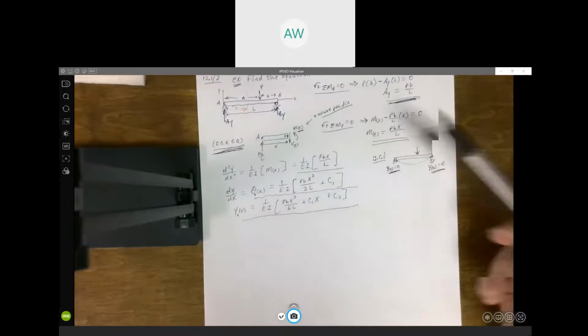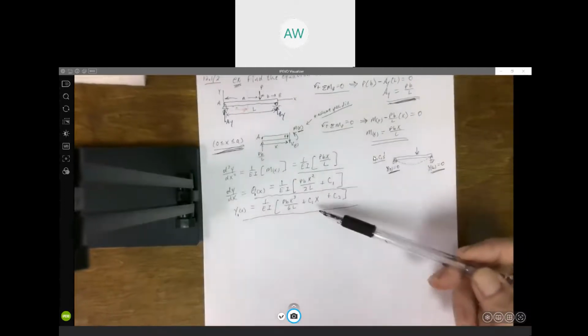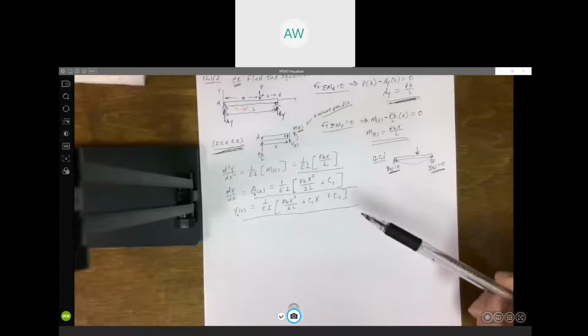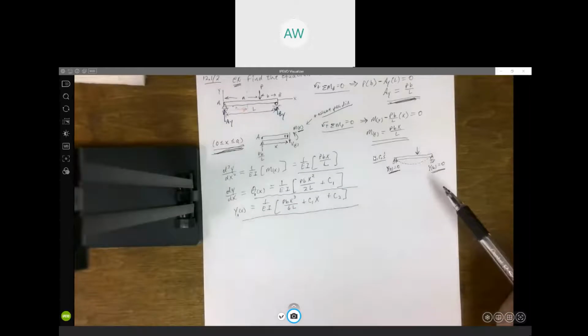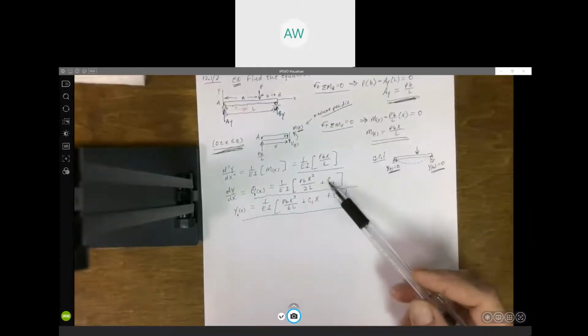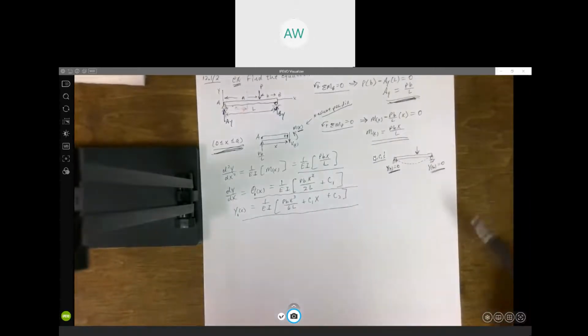This particular problem just asks us to find the equation of the elastic curve, which is the y of x. But quite often, especially if you've got a cantilever beam like we had yesterday, I think one we did yesterday was a cantilever, you might want to know what the slope is at the free end, right? So in which case you would use this equation for the slope or theta.